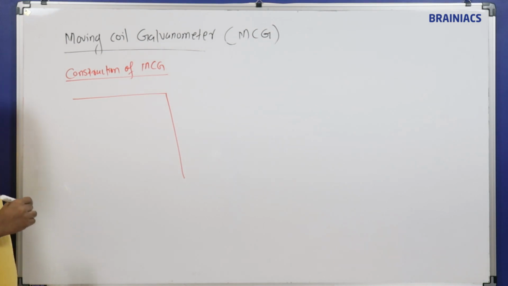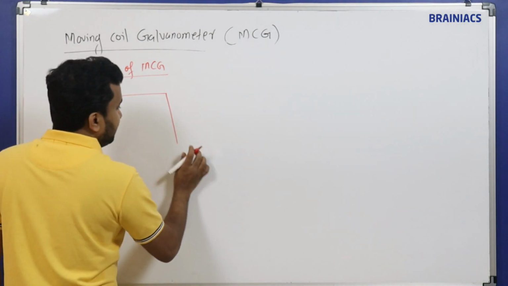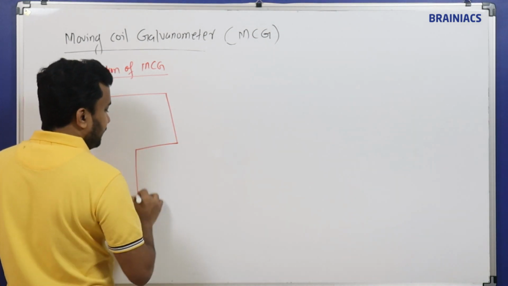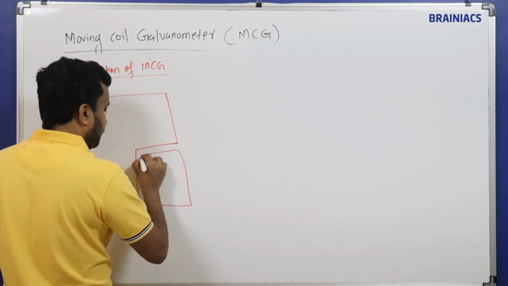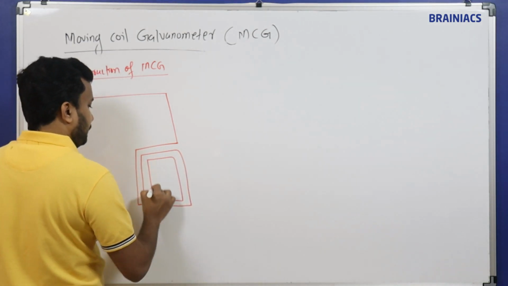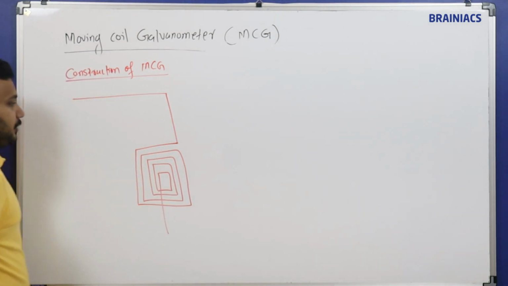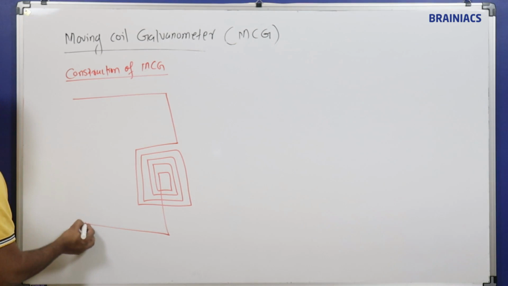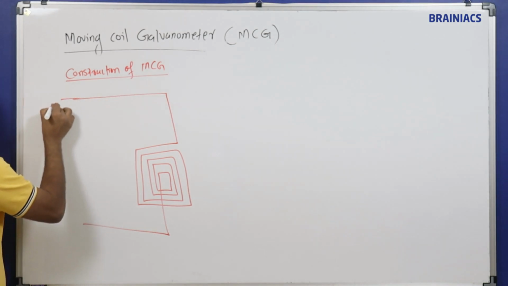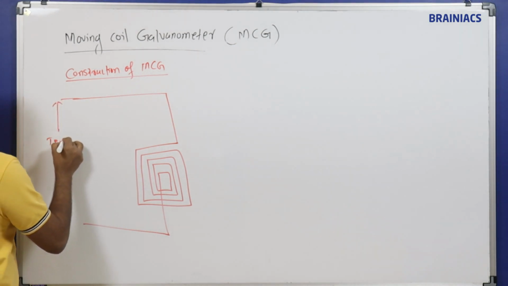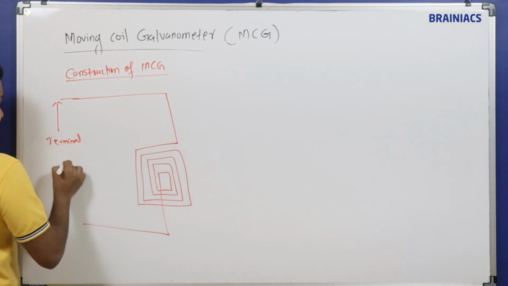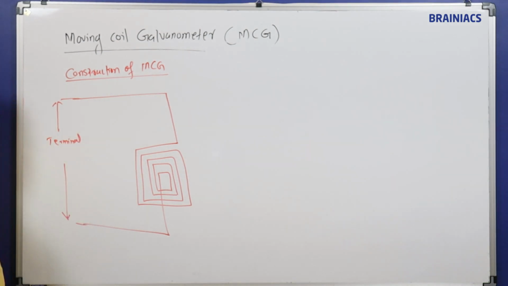The main heart is a coil. So this is connected with a coil like this, like a spiral binding kind of structure. It goes out and this is connected. These two I call terminals. Terminal means here I will give voltage or current, whatever I would like to measure in the system.